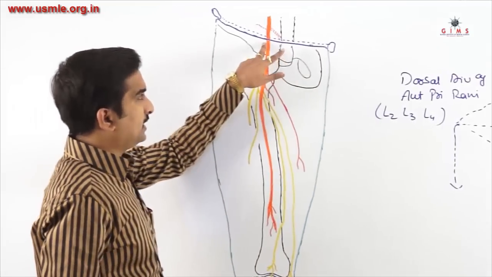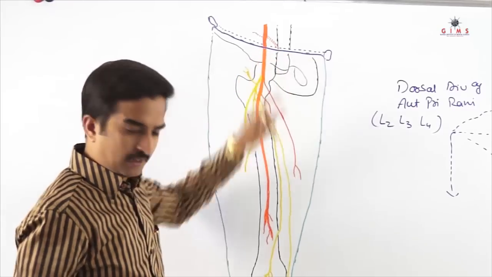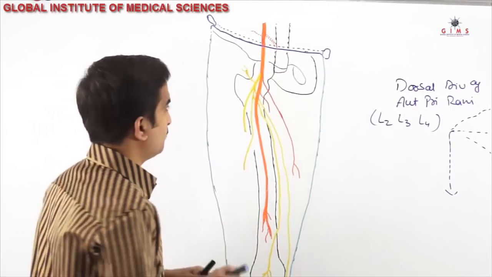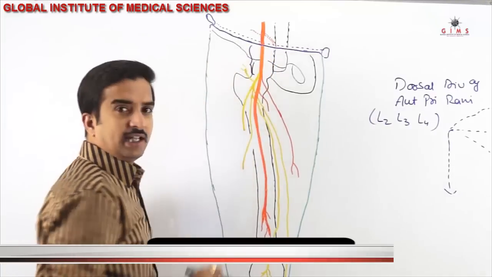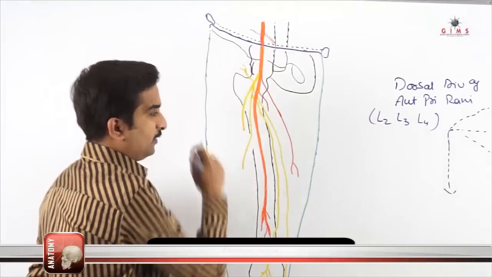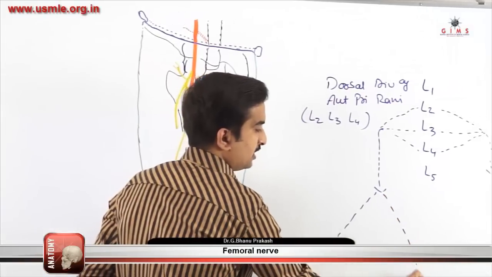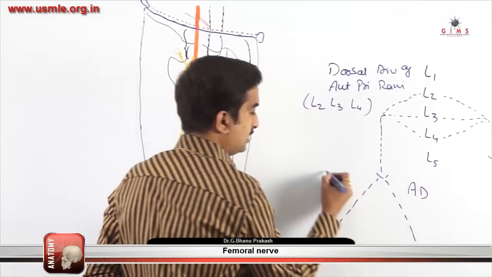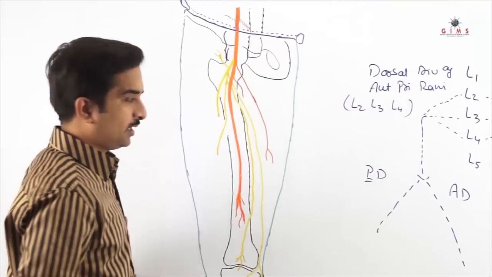Now, by the time the nerve reaches 2 centimeters below the inguinal ligament, it divides into anterior and posterior divisions. So here I will write anterior division as well as posterior division.